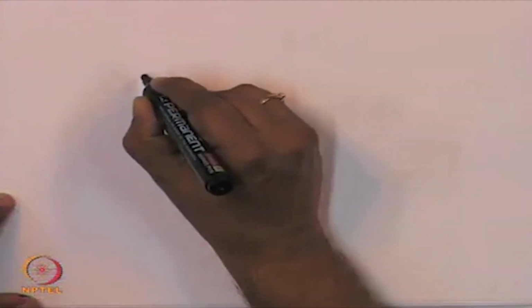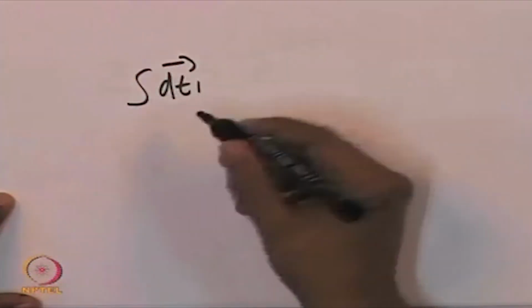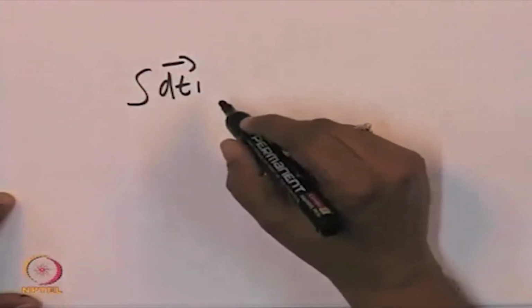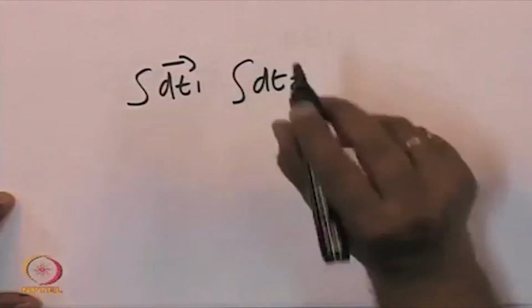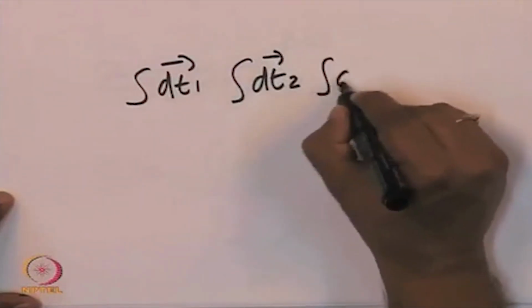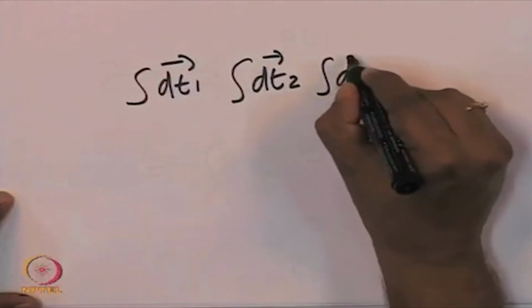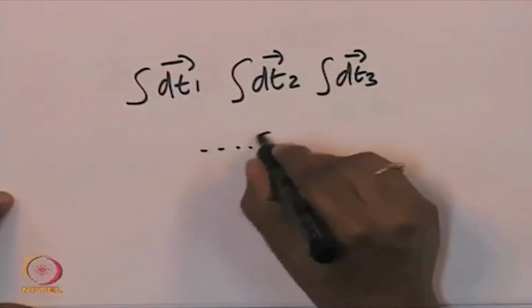the first tangent vector dt1 can take any values, integral over all possible angles, and the second one also can take all possible conformations. The third tangent vector can also take all possible conformations, dot dot dot, and similarly there will be n tangent vectors.